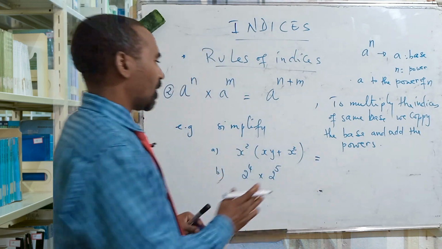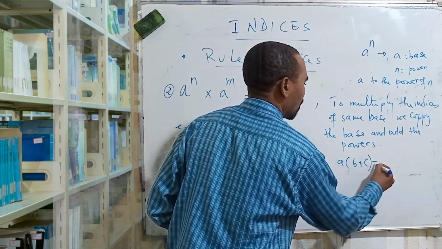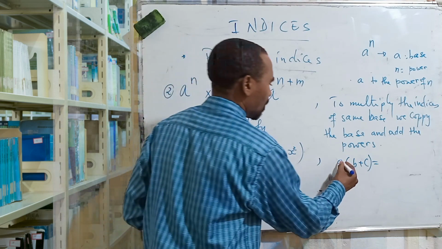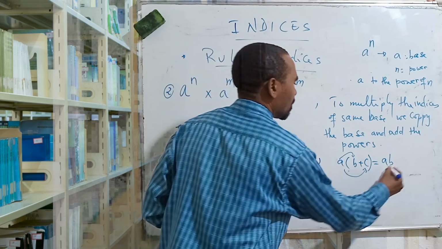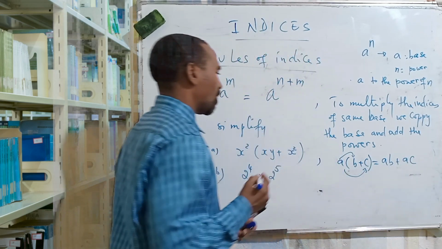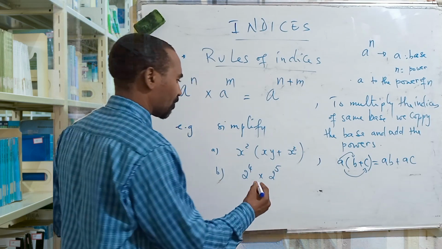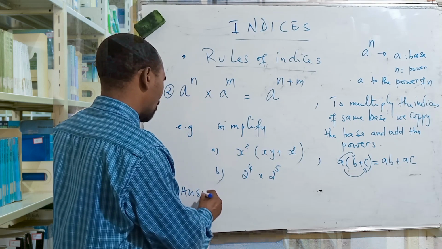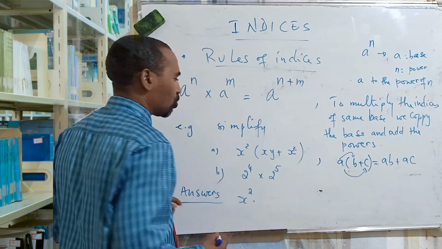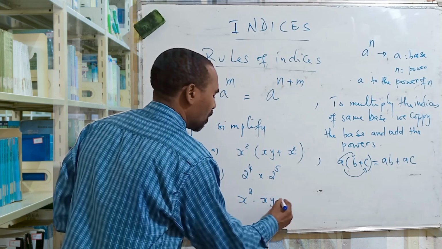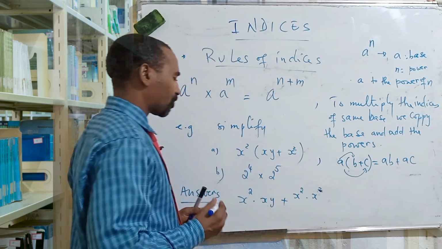We know the distributive property: when you have a times (b plus c), to expand this, you take a times b, you get ab, and a times c, it will be ac. Using that property and including this index, it will be x power 2 times xy plus x power 2 times x power 2.